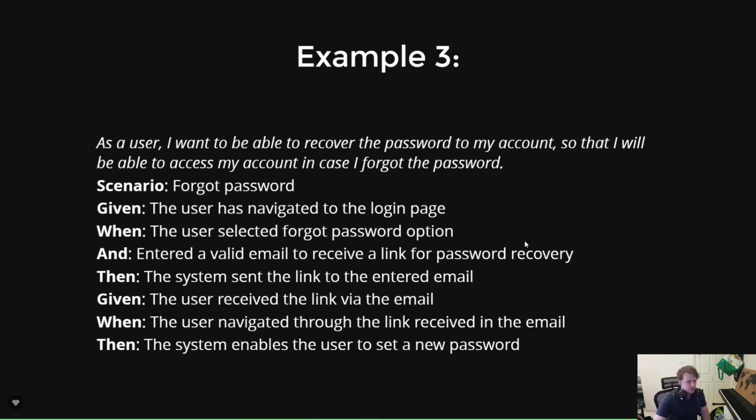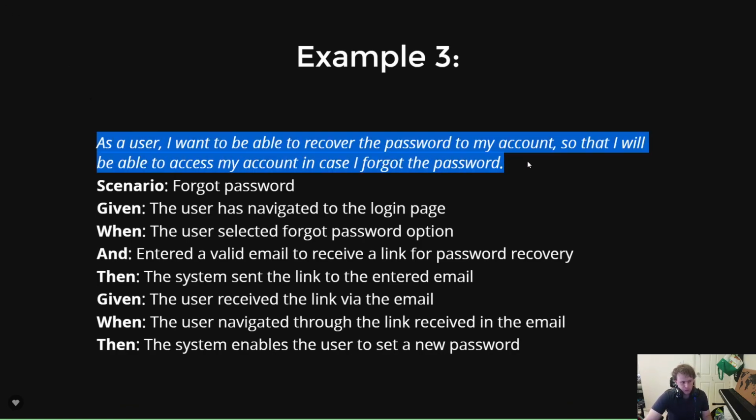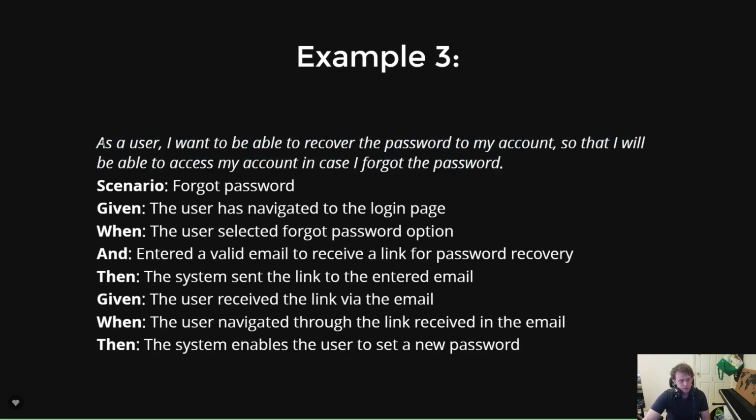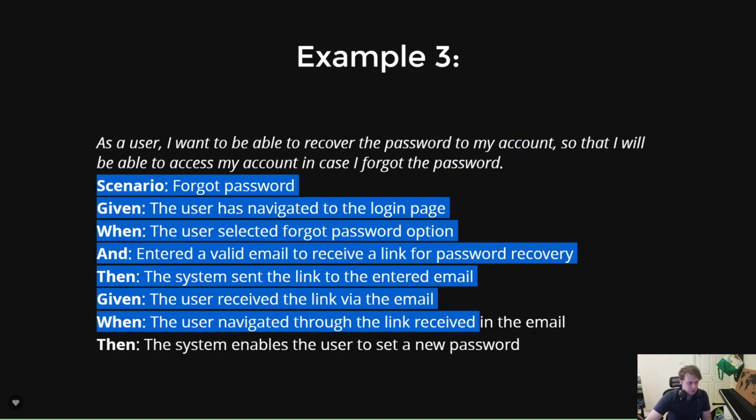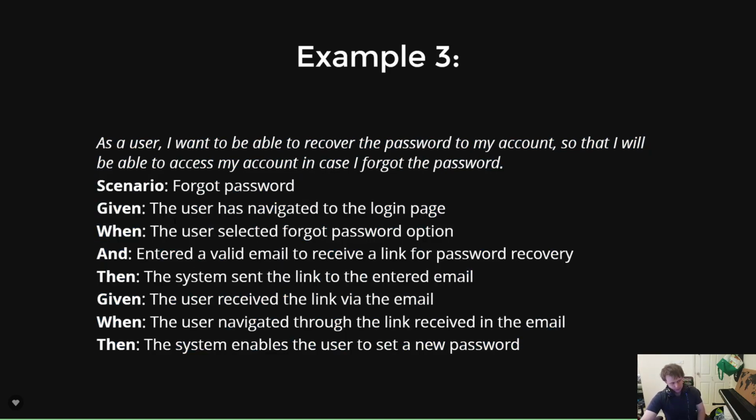So, for instance, if you have a user story like, as a user, I want to be able to recover the password to my account so that I'll be able to access the account in case I forgot my password, you could write scenario-based ones saying, given that the user's navigated to the login page, when the user selects forgot password and they've entered an email to receive the link for password recovery, then the system sends the link to the entered email.